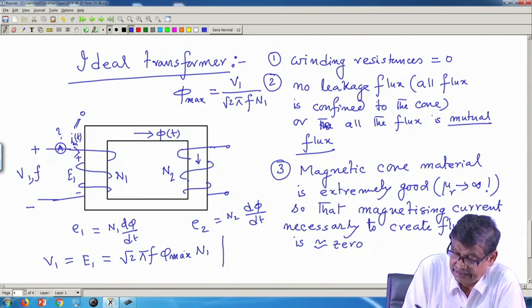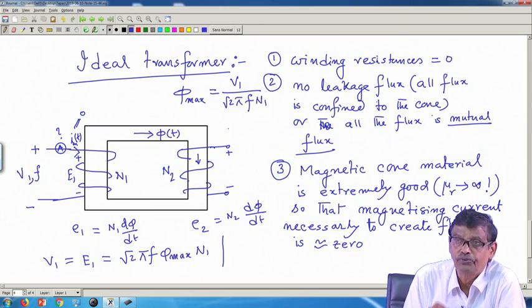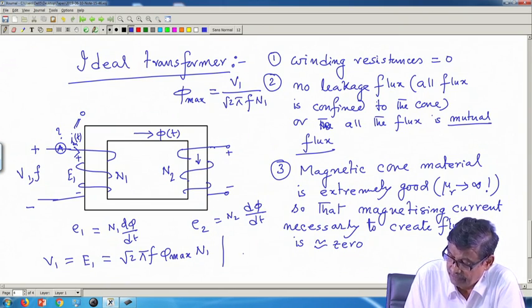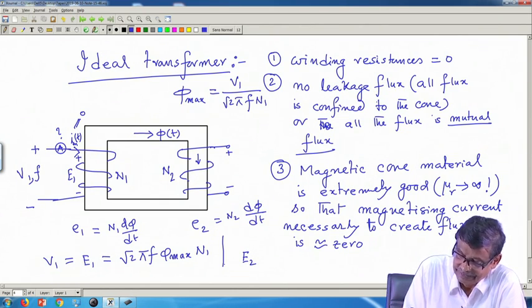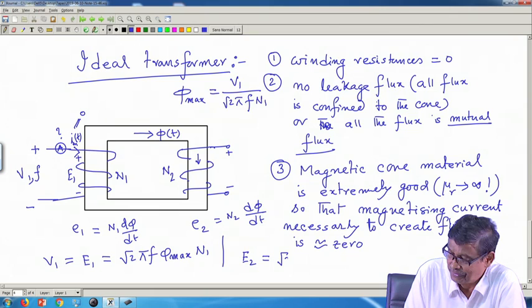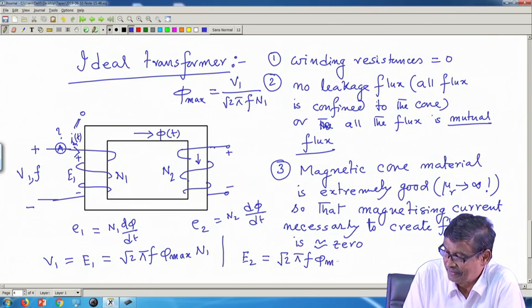Similarly, in the second one, if I say induced voltage in the second coil E2, in which way will it be different? Same flux, only N2 comes in, therefore, it will be equal to root 2 pi f phi max into N2, that is all.